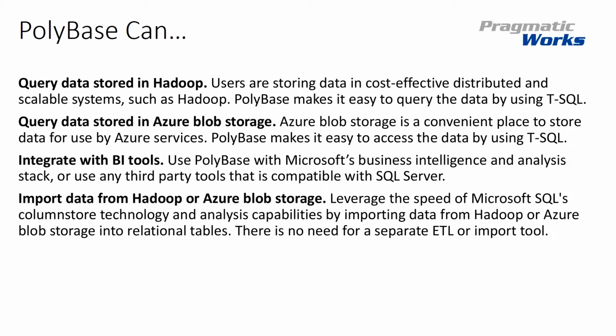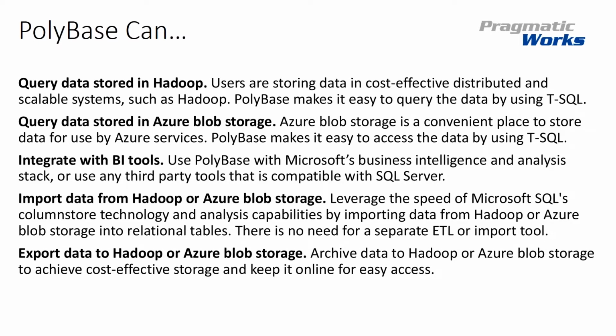You could use a CTAS and pull that all in, or if you really wanted to, you could push it out. You could export that data to Hadoop or blob storage, doing the exact same thing, create table as. That will actually create MapReduce jobs, and then you would insert into those tables, and it automatically passes it along to the Hadoop control node, and it goes to all of the data nodes.